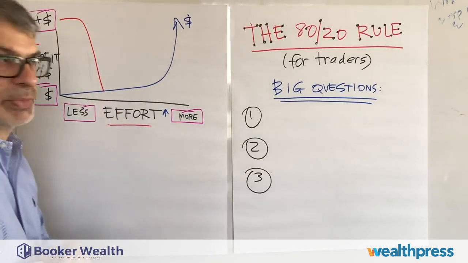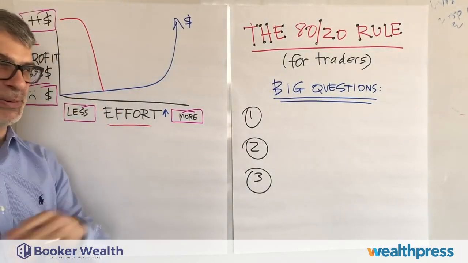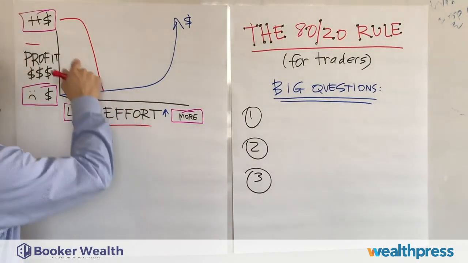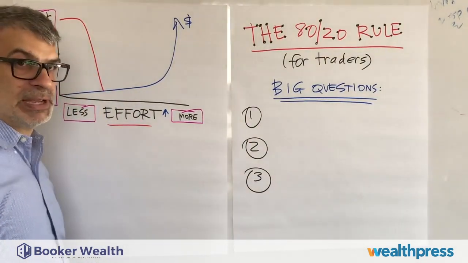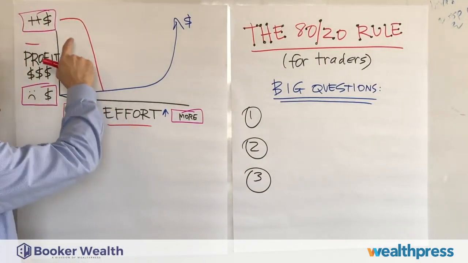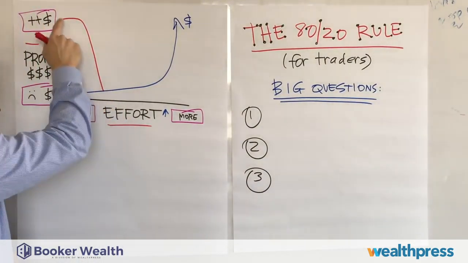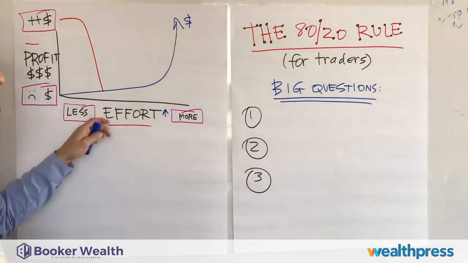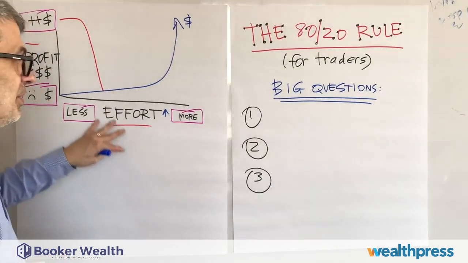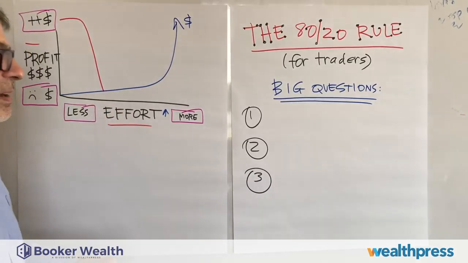I'm not even going to say that you can't put no effort in. I'm going to propose today that by asking these three main questions, you're going to realize that the less effort you put in leads to more profits, to the point where you put in the least amount of effort and get the most profits.